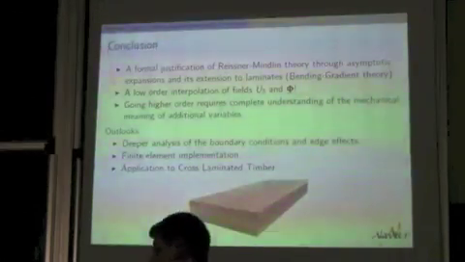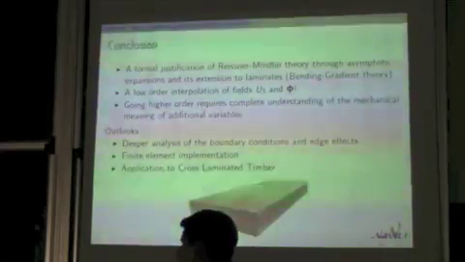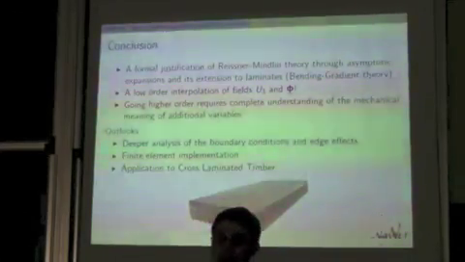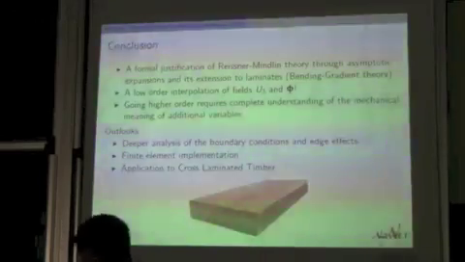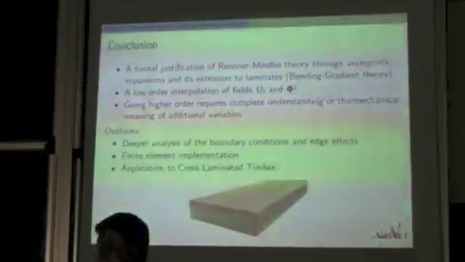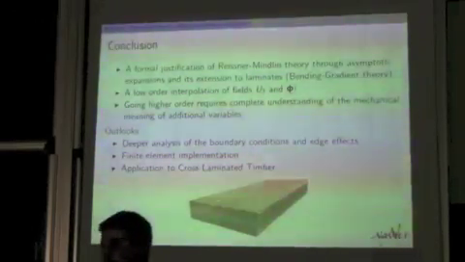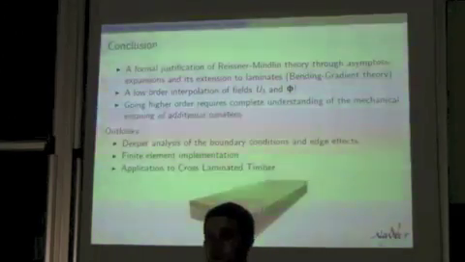I mean, we have ideas not mature yet. And there is a nice application to cross-laminated timbers, because maybe you don't know that, but the contrast ratio between the stiffest modulus and the lowest one in the wood is about 200. So it's quite large. Thank you for your attention.